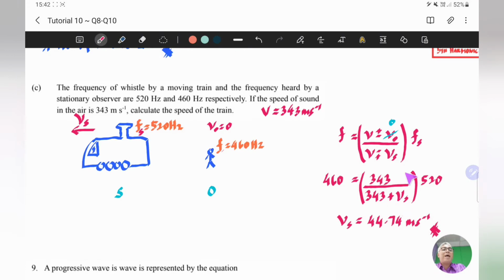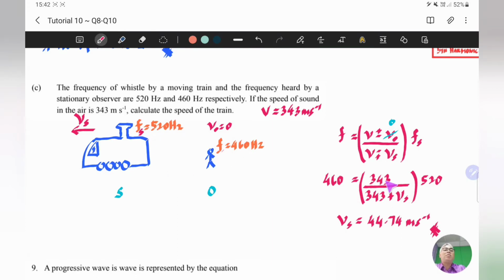The frequency received by the observer is lesser than the source, which means the source is moving away. In simple words, when the source is moving away, the sound heard by the observer becomes weaker, so the frequency is also lower than the source.